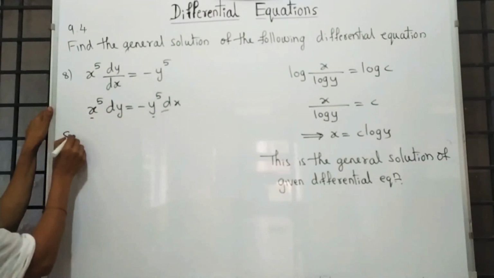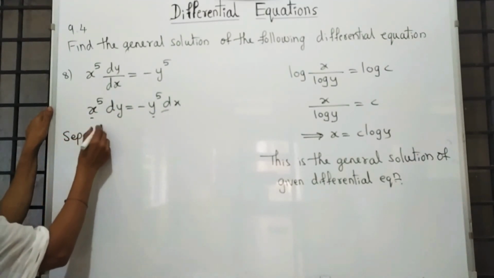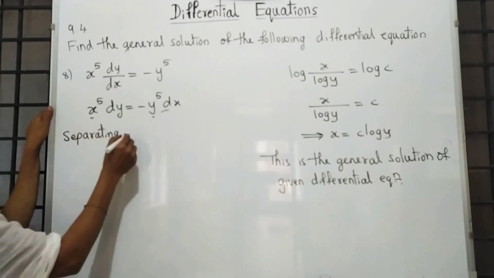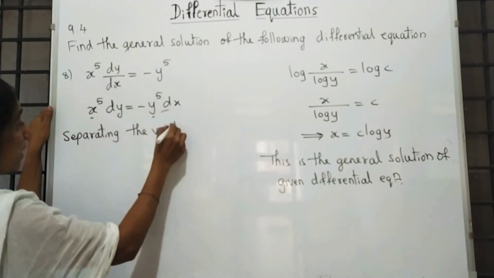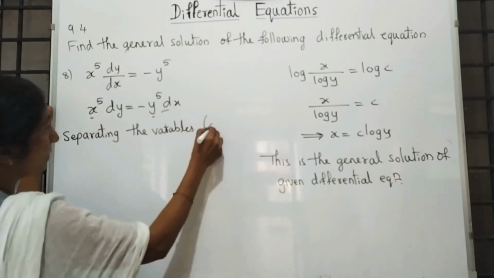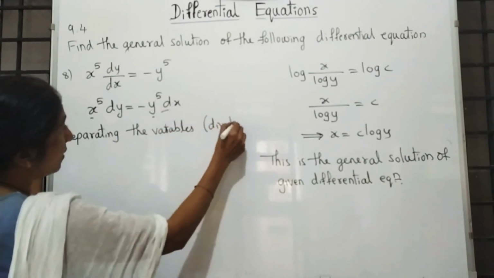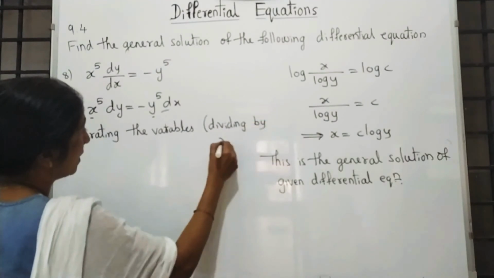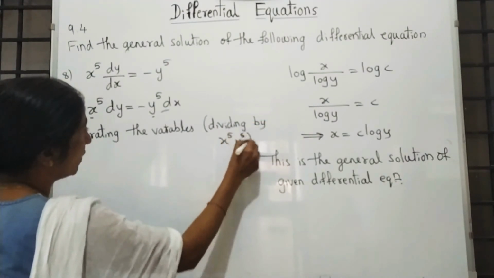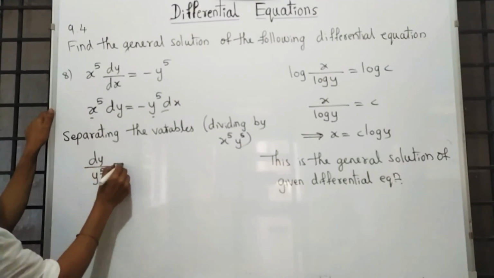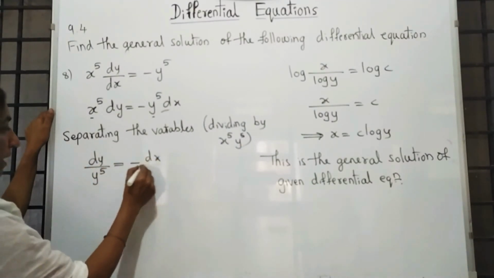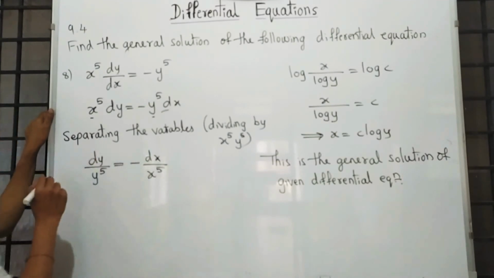So here I am separating the variables, but in that step I am dividing by x raised to 5 into y raised to 5. That is dy upon y raised to 5 is equal to minus dx upon x raised to 5.